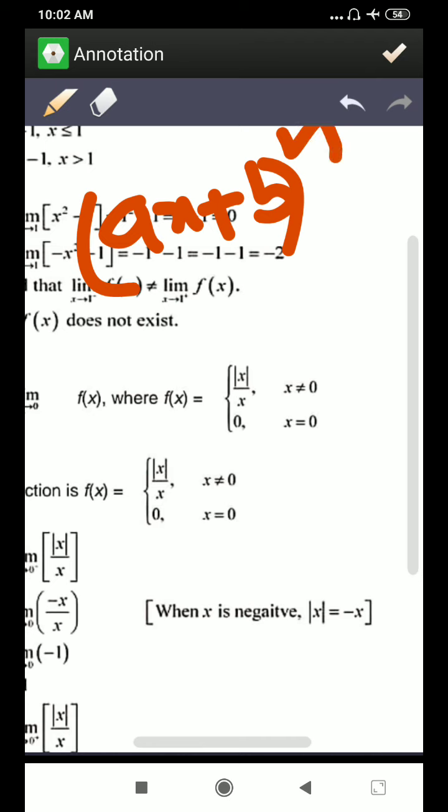There are two steps. First one, whenever power n is given, whether it is ax plus b raised to power n, whether it is sine x whole raised to power n, whether it is sine 7x, whether it is cos raised to power 8x or anything, it is considered as ax plus b raised to power n form or x raised to power n form.